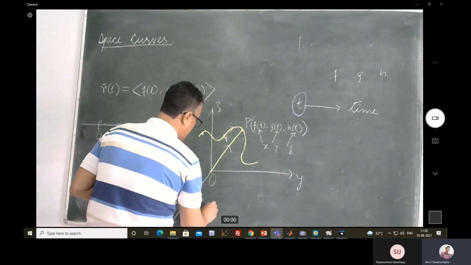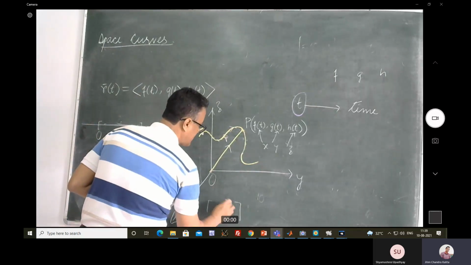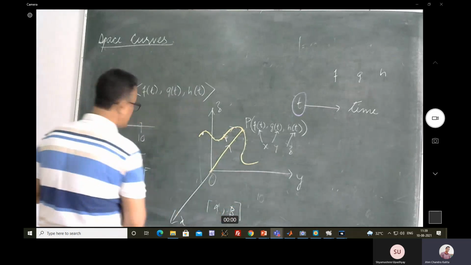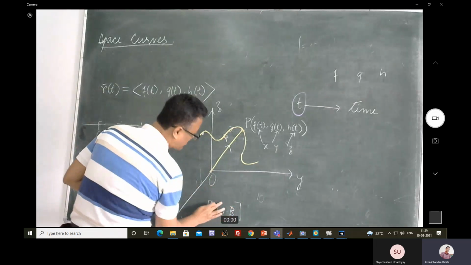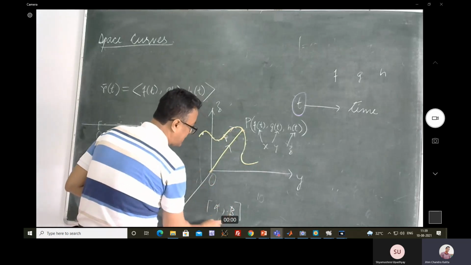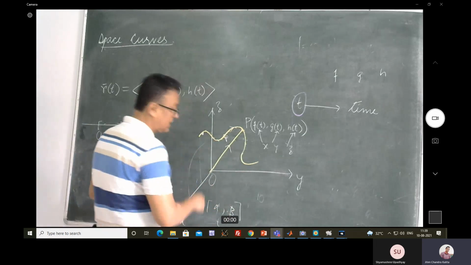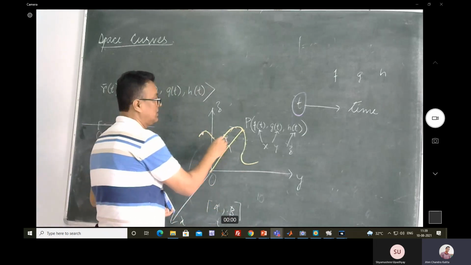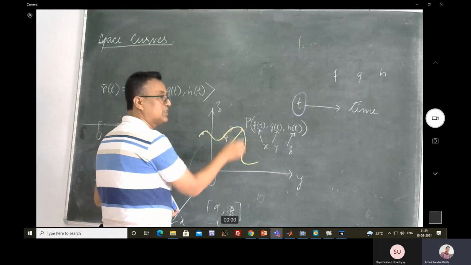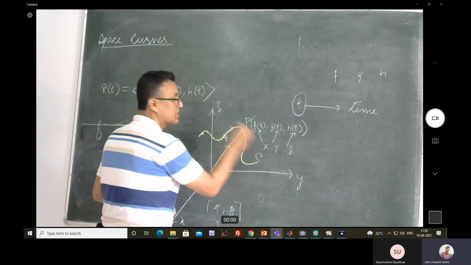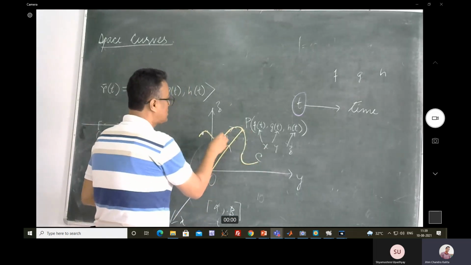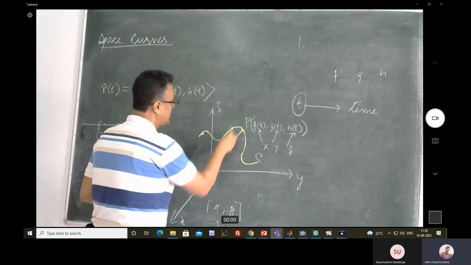So for all values of t lying in this interval, I consider the location of a particle at different times. The set of all these points in space is going to generate a curve C. You will see that at each point on the curve, you can define a vector.